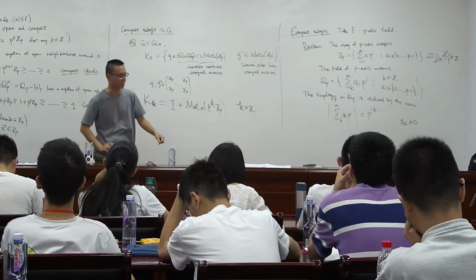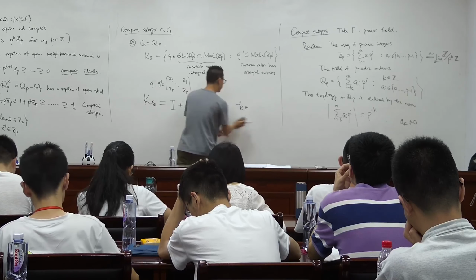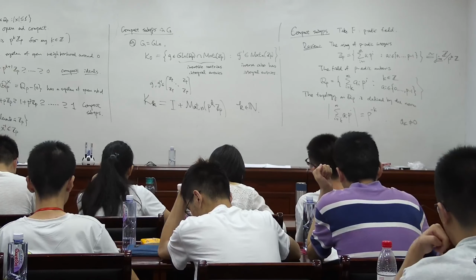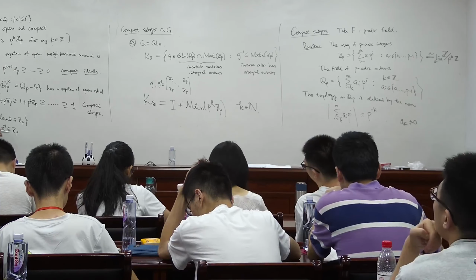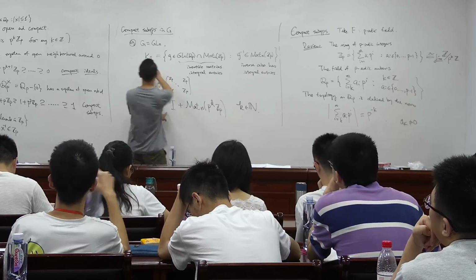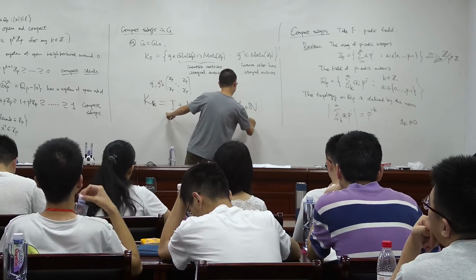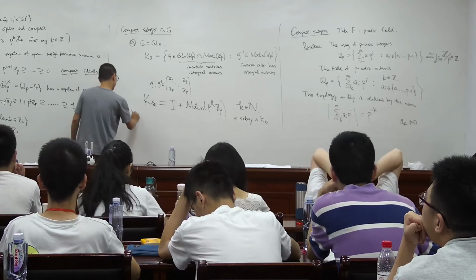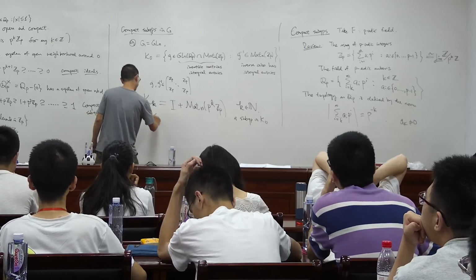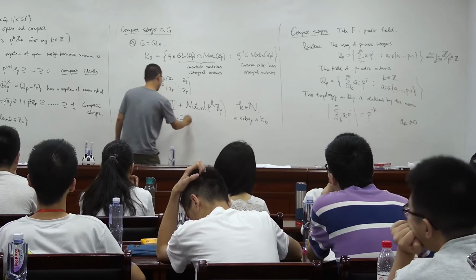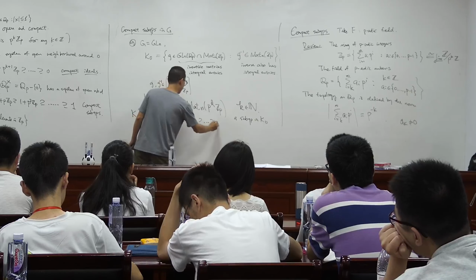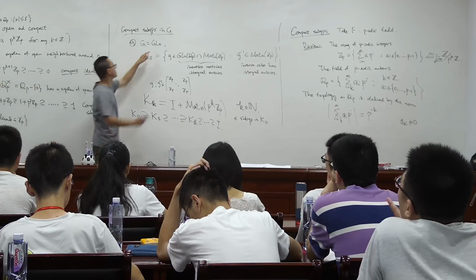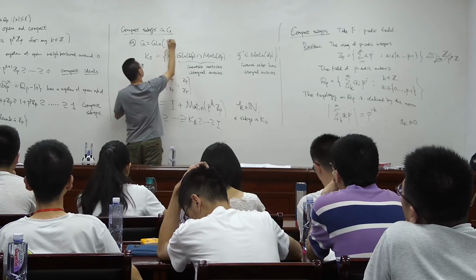Sorry, k has to be positive. You can check this is a subgroup in K_0, and you have a chain that forms a system of open neighborhoods around the identity element in GL_n(Q_p).